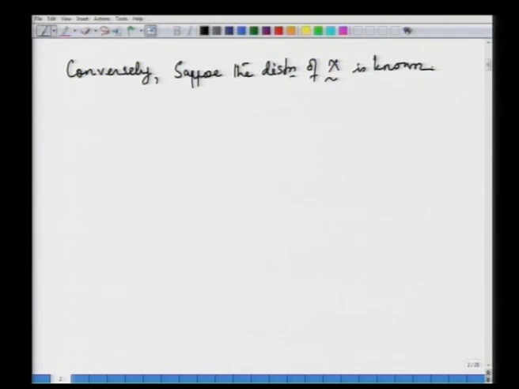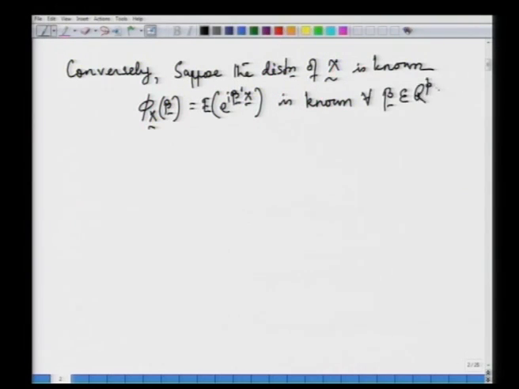If it is so, then I make a claim that the characteristic function phi x at beta, which is nothing but expectation of e power i beta prime x, is known for all beta belonging to R p.